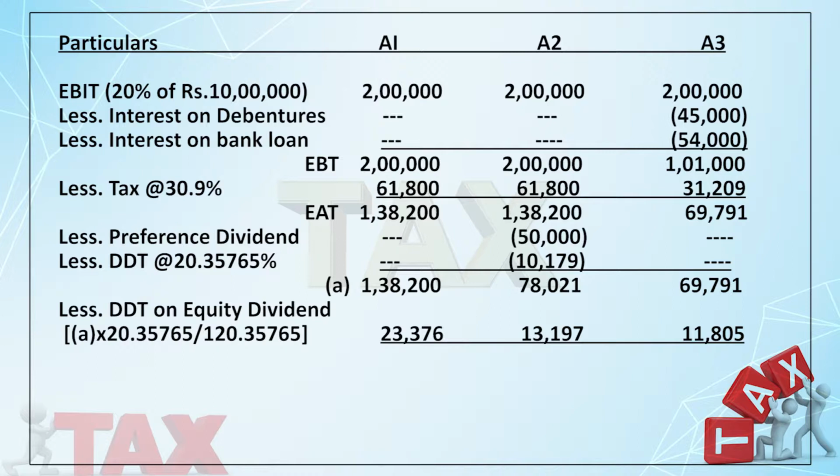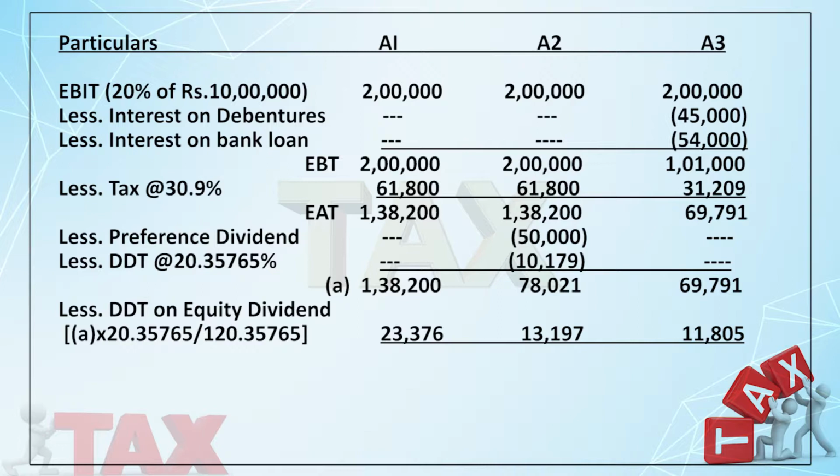So the company pays 50,000 as preference dividend, on which they have to pay a dividend distribution tax of 20.35765%. That comes to 10,179. If I deduct this, what I get is 1,38,200 for option 1, 78,021 for option 2 and 69,791 for option 3. Now these are the amounts available for the equity shareholders.